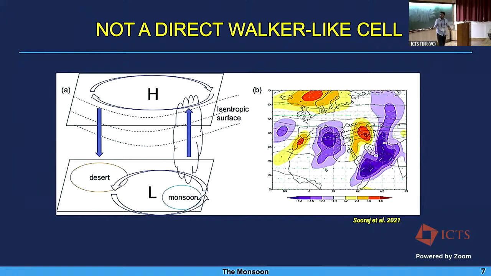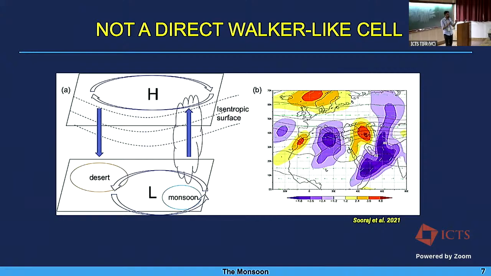So that was the hypothesis, and it's a stationary response. This is a very important theory that has been able to explain the persistence of arid regions and subtropical highs to the west side of monsoons.